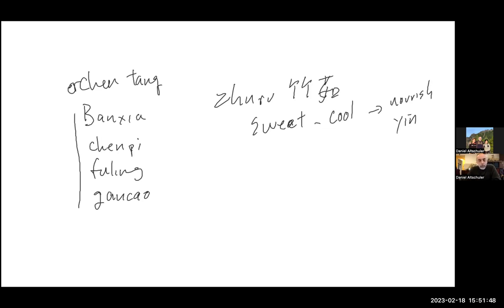And then you can sleep well, right? So this is very, very straightforward, very simple, and that's just Juru by itself. But that's why it works so well. That's why this formula works so well in this context.